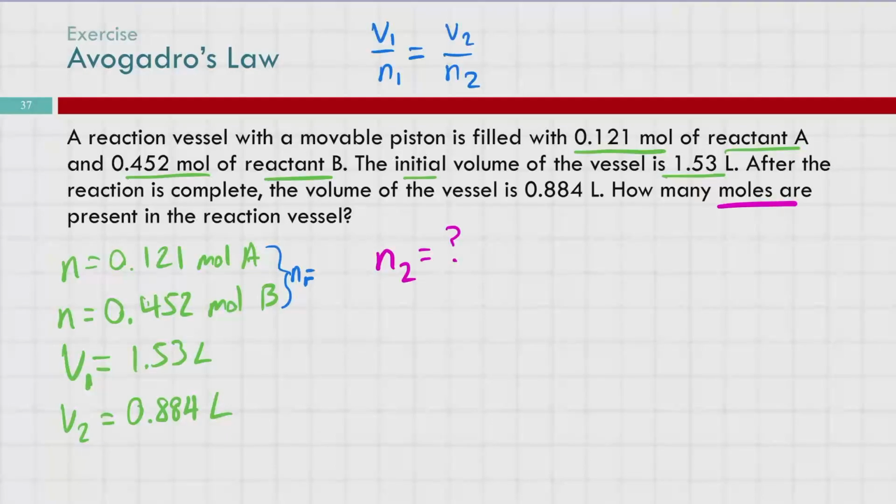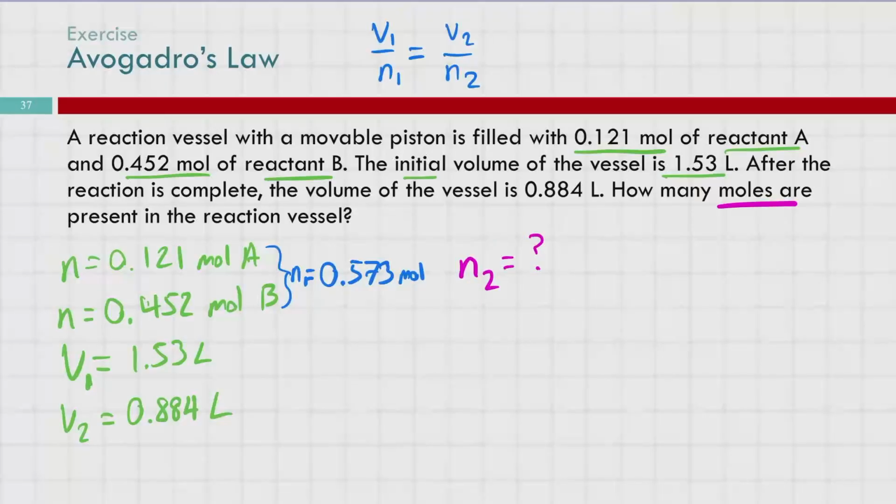So our N1 is the combination of reactant A and reactant B, which is 0.573. And then we get to solve for N2.